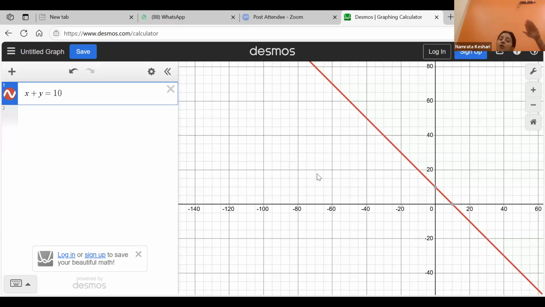This line is going on till infinity in the upward direction, and in the downward direction also this line is going on and on. I keep on scrolling and you will find that the line is not ending. That's why in your NCERT exercise you will find this statement. Now you tell me, is it making sense or not? Yes, ma'am.